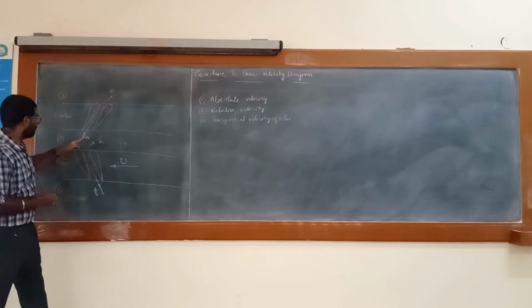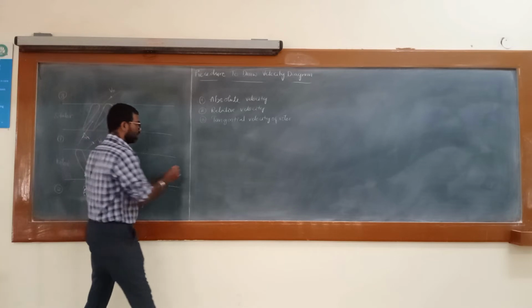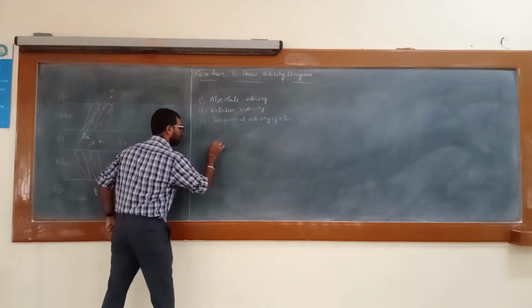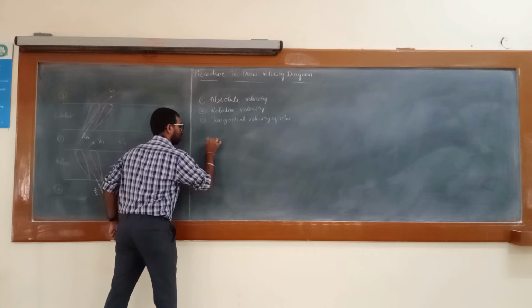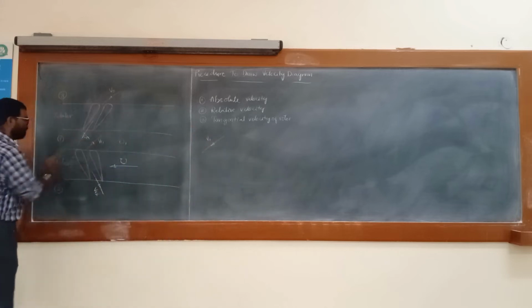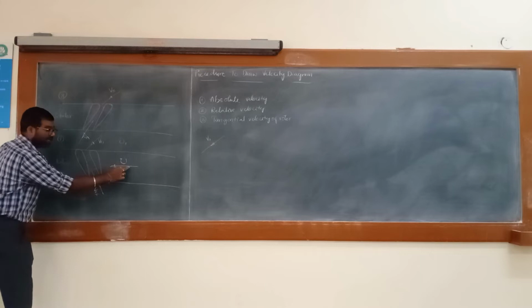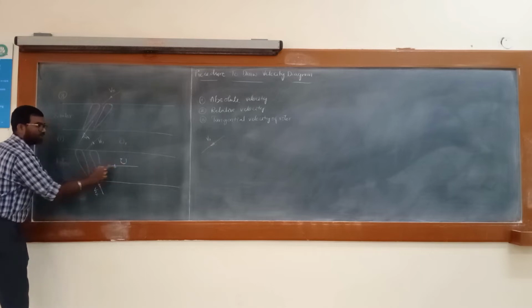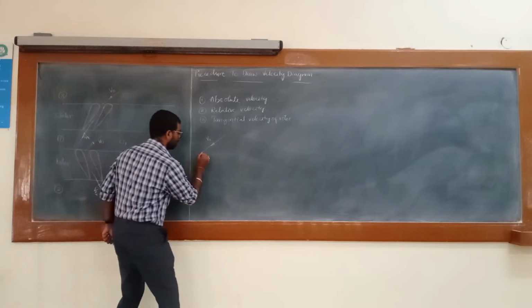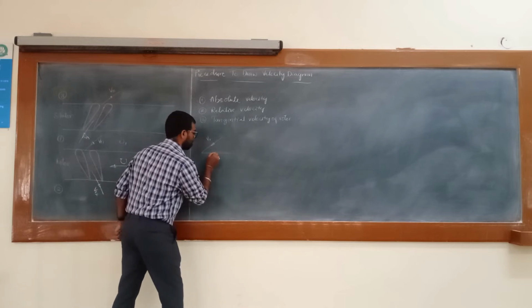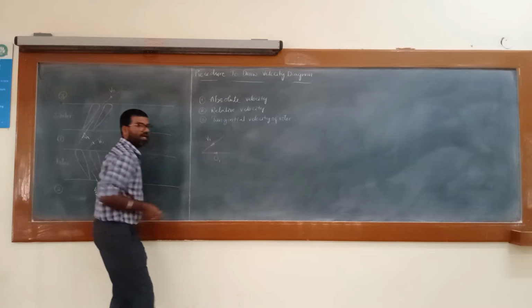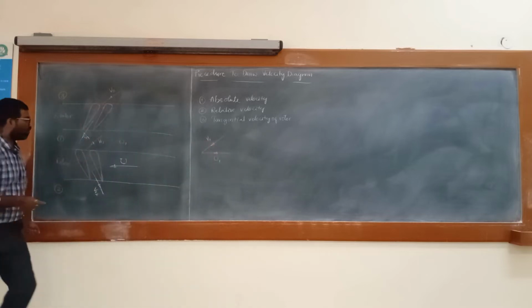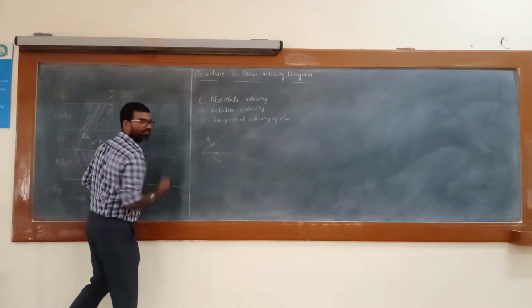First, we have V1. Next, we have the tangential velocity of the rotor in this direction. At inlet, we represent it as U1. Then what is the direction of VR1?